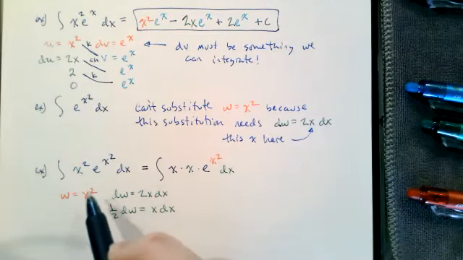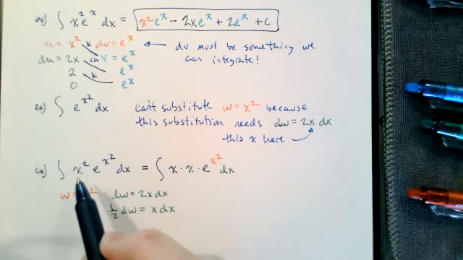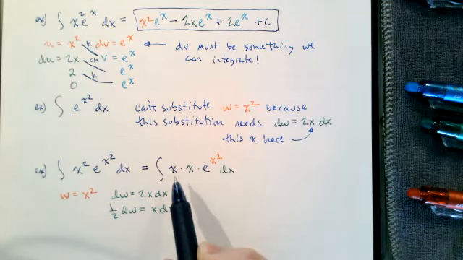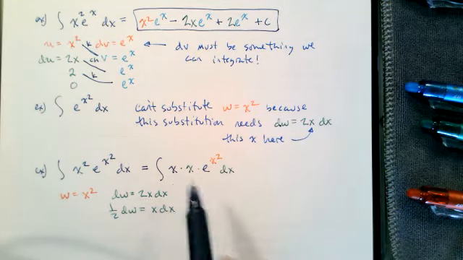So I can make the substitution w equals x squared. I have an x to be the dw, but I've got this extra x that I don't have an answer for.